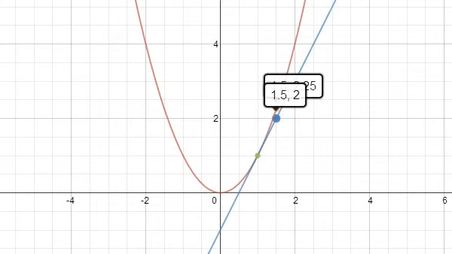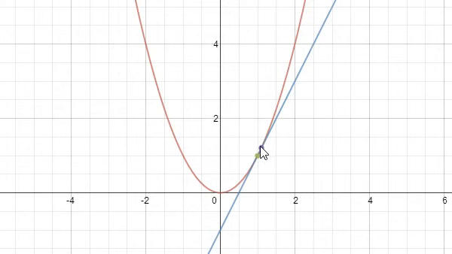Alright, now let's look at the purple dot here, so we are now at 1.1. As you can see, x is 1.1 and our y value is 1.21.